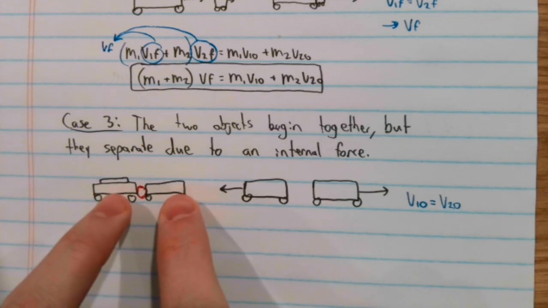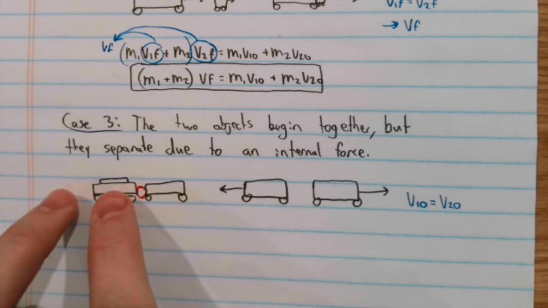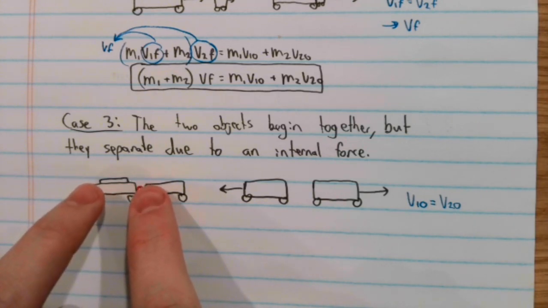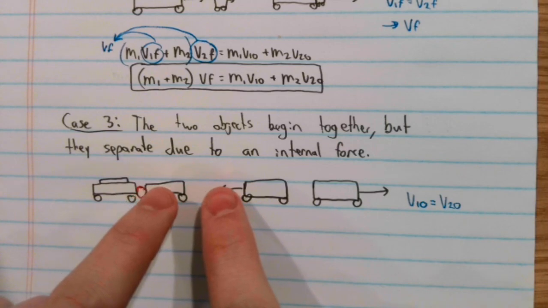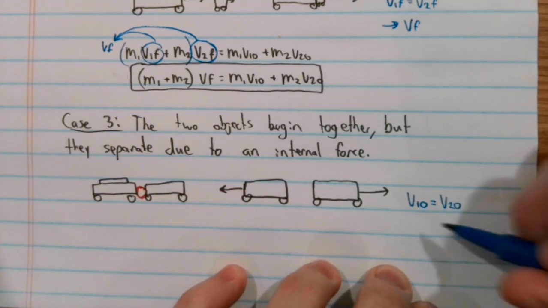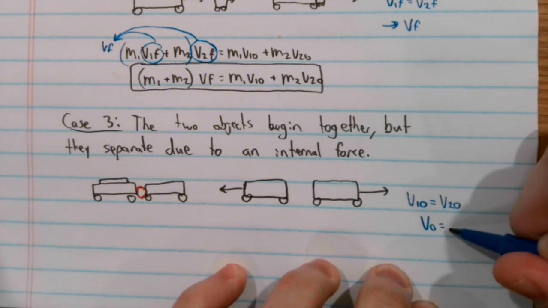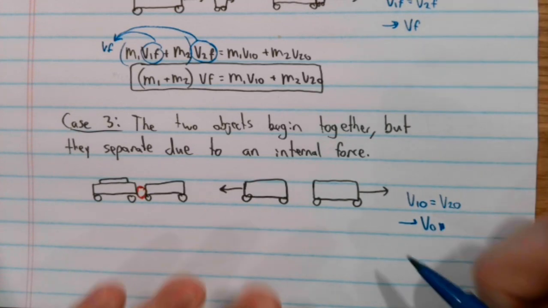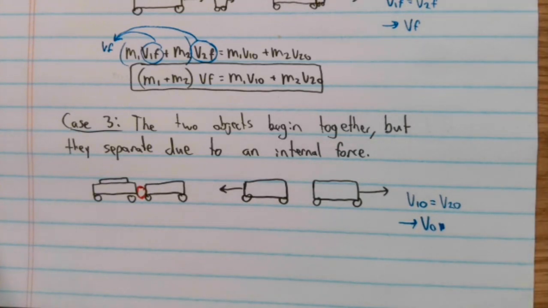They could both be moving to the left with a non-zero velocity, and their initial velocity is still the same. They could both be moving to the right with a non-zero velocity, and their initial velocity is still the same. So the point is, we're just going to write that as V initial. Both those can be written as just V initial.